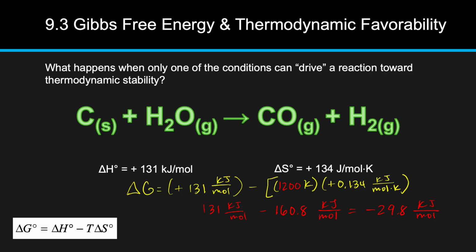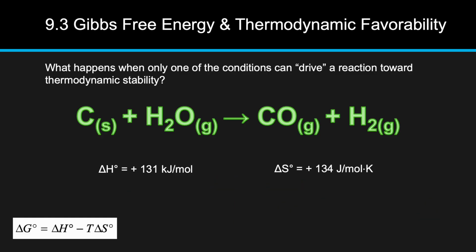So when we solve for delta G, we're going to get a negative 29.8 kilojoule per mole value. And because it is negative, we know that now at 1200 Kelvin, we have a thermodynamically favorable reaction. And that is why when we have a positive delta H and a positive delta S, it's only going to be thermodynamically favorable when the temperatures are extremely high.